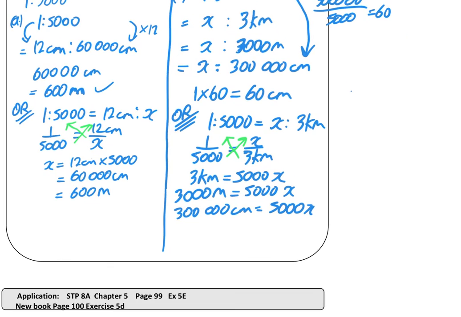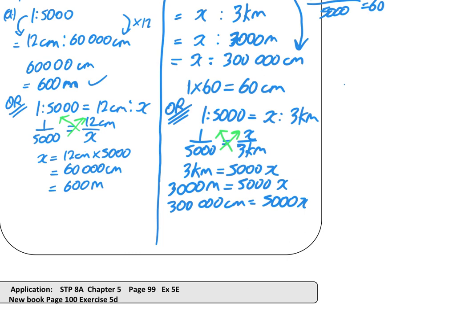I'm running out of space here, and then that is just going to be 300,000 divided by 5,000 is equal to x, and then you can see what cancels. 0 goes there, 0 goes there, 0, 0, 0, and a 0. You've just got 300 divided by 5, and 300 divided by 5 gives you x is equal to 60. And remember, the units we had got to were centimeters, and that is it.